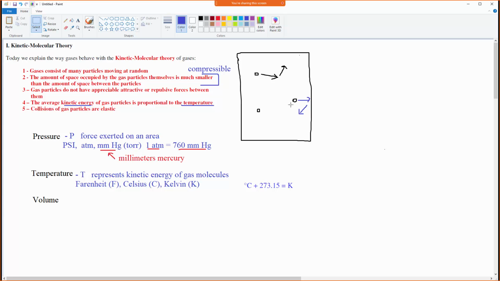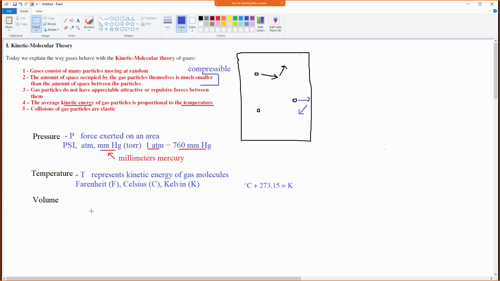If you stop moving, then you're at 0. So 0 degrees Celsius, which is the freezing point of water, is still 273 degrees above absolute zero. Does that make sense? So 0 degrees Celsius would be the same as 273 Kelvin. And 0 Kelvin, which is absolute zero, the coldest you could get, is negative 273 Celsius.